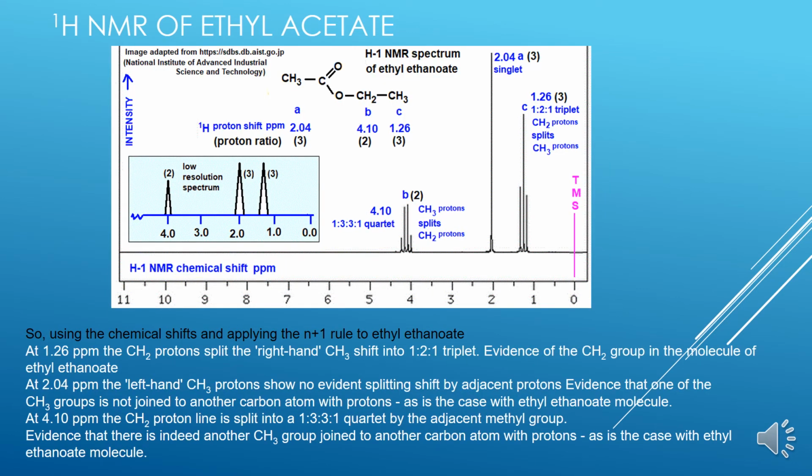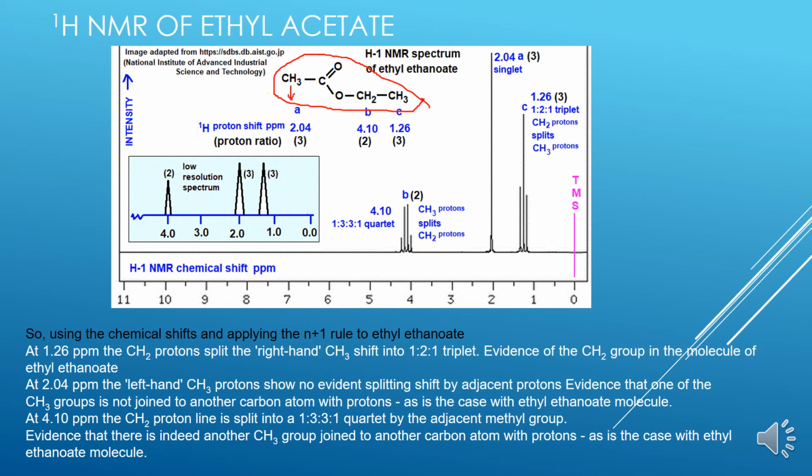Now the proton NMR spectrum of ethyl acetate, CH3COOCH2CH3, or CH3COOC2H5. In it there are three different environmental protons, labeled A, B, C. A is the acetate methyl.